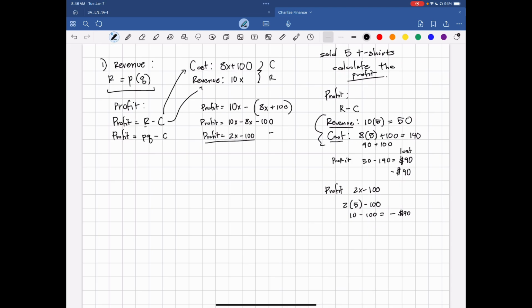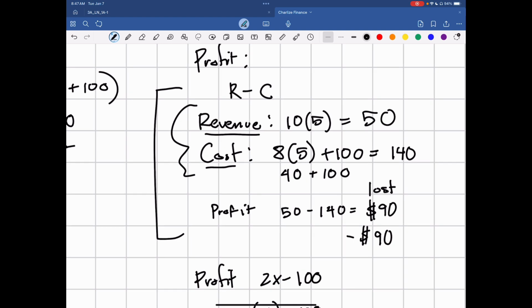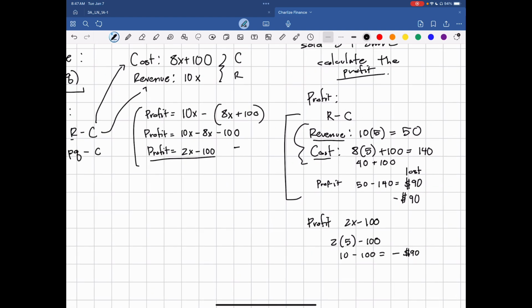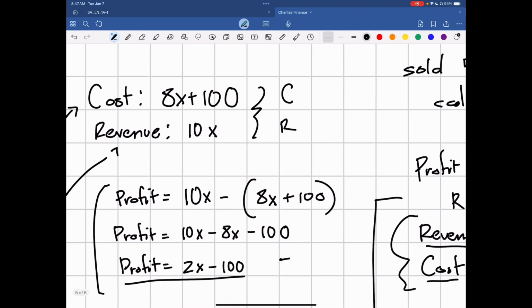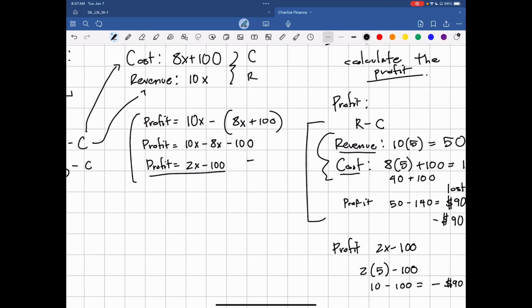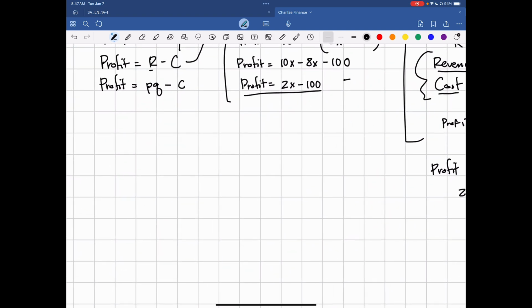The reason that makes sense is because instead of doing all of these steps separately, I came up with a general equation. Without a general equation, you have to do r minus c. But in this case, this is already considering r minus c because I was given two formulas for r and c.